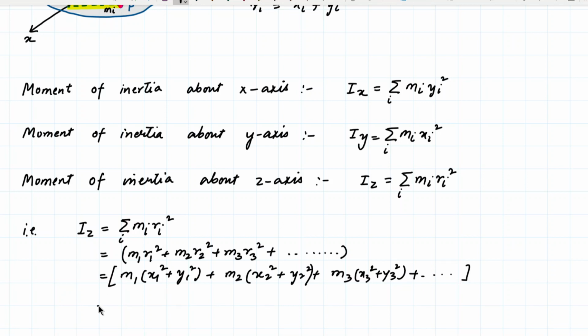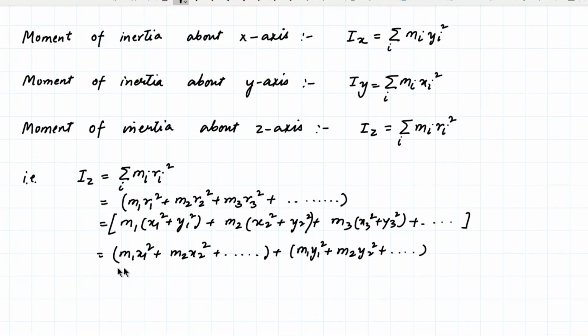So you can separate this into m1 x1 square plus m2 x2 square plus on and on, this is one term, plus m1 y1 square plus m2 y2 square plus on and on.